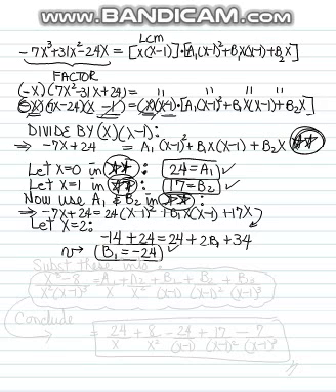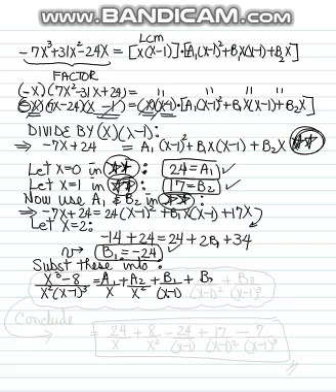Do we need anything else? Now, remember what we're going to do with these. We're going to substitute these into the basic stencil that we had at the very beginning, which was (x to the third power minus 8) over x squared times (x minus 1) cubed, equals a sub 1 over x, plus a sub 2 over x squared, plus b sub 1 over (x minus 1), plus b sub 2 over (x minus 1) squared, and finally plus b sub 3 over (x minus 1) to the third power.